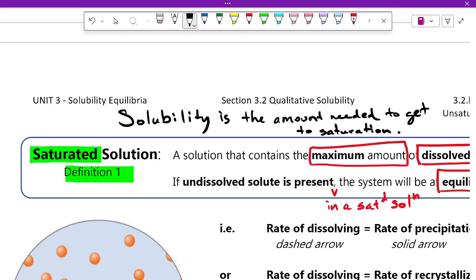If we were to replace sodium with magnesium, which is also a third row element, but has a 2+ charge, and if we replace chlorine with sulfur, third row, so sulfur has a 2- charge, magnesium sulfide is going to be less soluble because the 2+ charge and the 2- charge attract each other more than the 1- charge and the 1+ charge. So that's the nature of the reactants. Now, it's also going to depend on things like ion size, but if you're comparing things in the same row, the size of the ions are relatively similar.